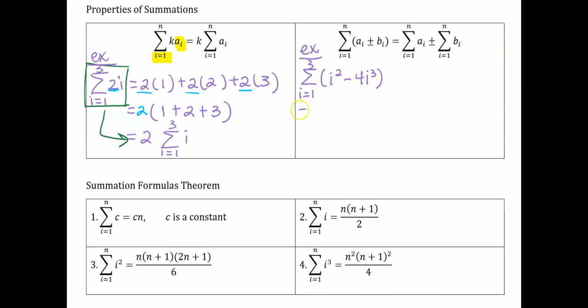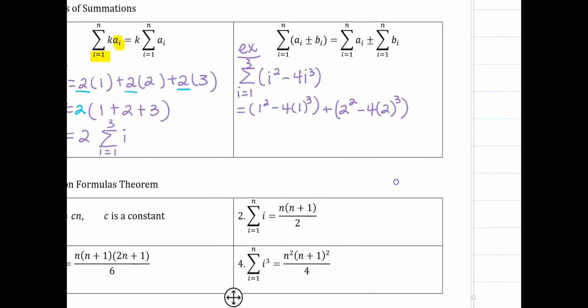So when i is equal to 1, we would have 1 squared minus 4 times 1 cubed. And then we would add, when i is equal to 2, we would have 2 squared minus 4 times 2 cubed. And then when i is equal to 3, we would have 3 squared, and then we would subtract 4 times 3 cubed.